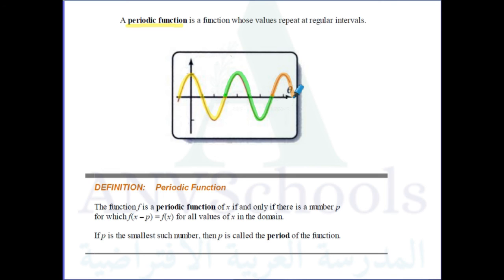So meaning you have this p, which is the smallest number, which is the period. So in other words, taking a concrete example, we have x minus 30 degrees. So this is equal to f of x.